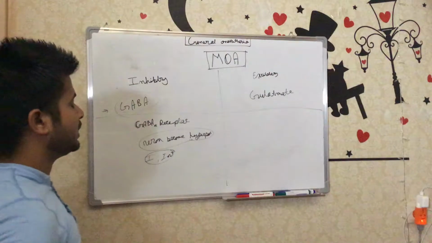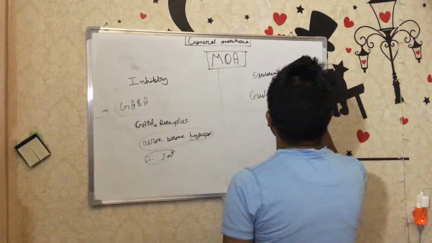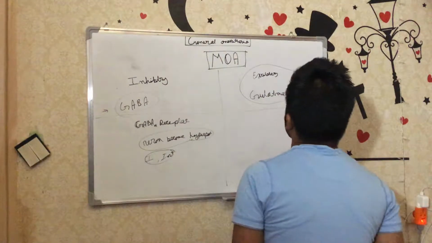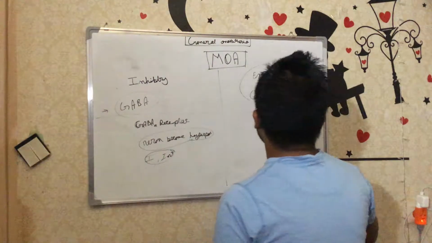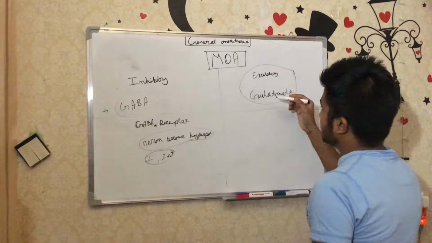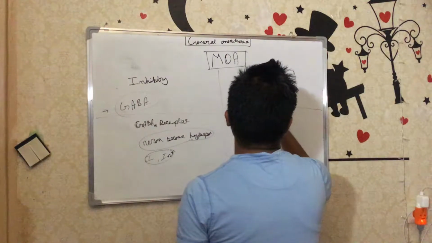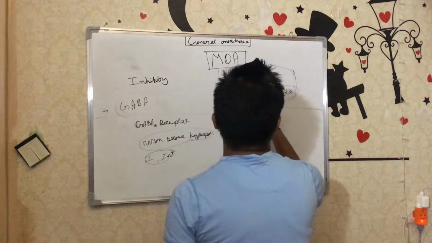but some drugs act on glutamate. How? Glutamate, as we know, is excitatory, so in this condition it should be antagonized. The drug antagonizes it, meaning it inhibits glutamate and the brain will not be excited.